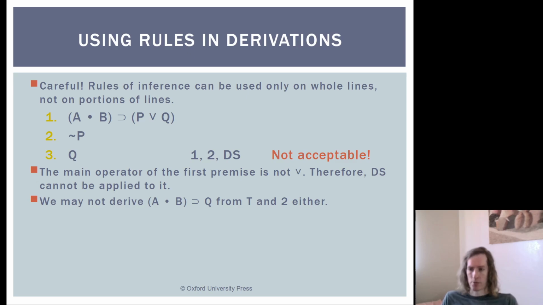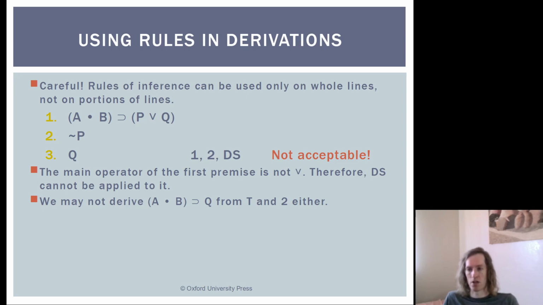Something that's not acceptable, however, is trying to use rules of equivalence on only part of a line. So you can see here that we have a conditional if A and B, then P or Q. In our second premise, we have not P. We can't get to Q from there. If we had a line that just said P or Q and we had another line that said not P, then sure, we could get to Q no problem.